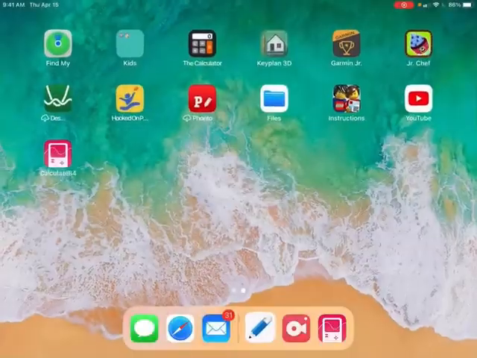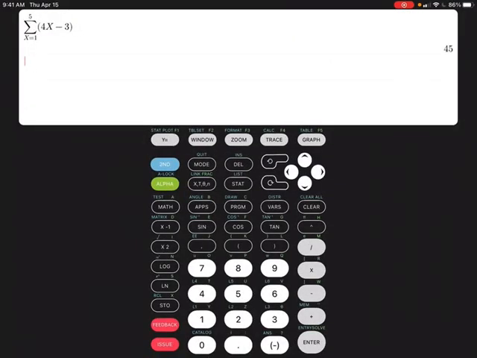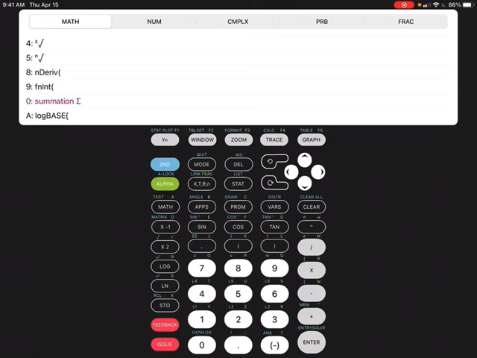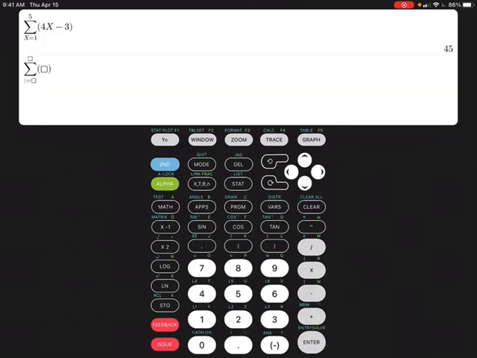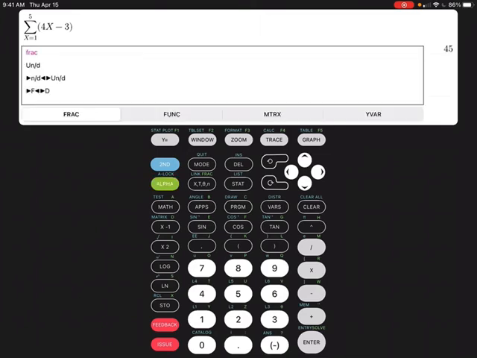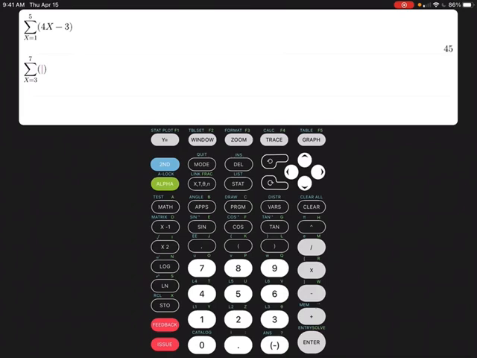If you put this into your calculator, again, you would hit math, you would go down until you find summation. We're going to do x starts at 3, goes to 7, and our equation, if we hit alpha y equals, it's going to let us do a fraction on your normal calculator if you have the 84s.